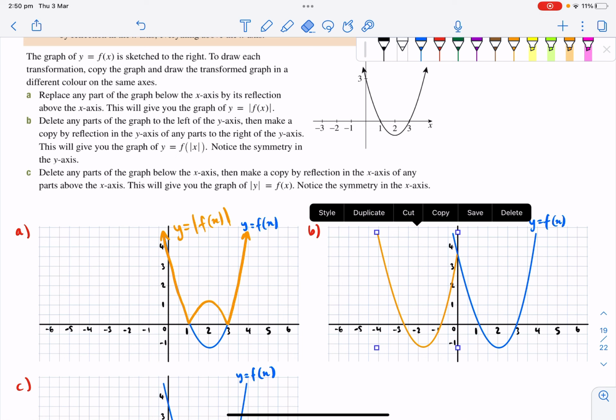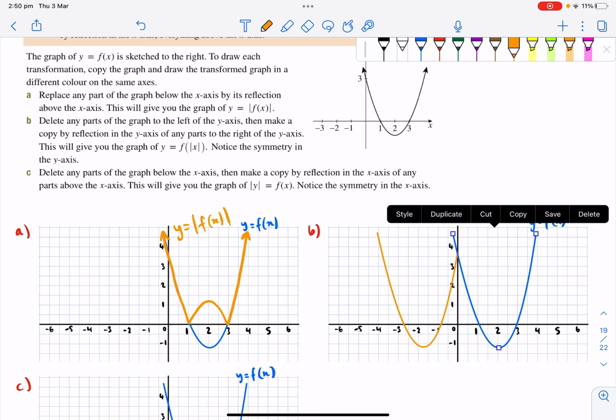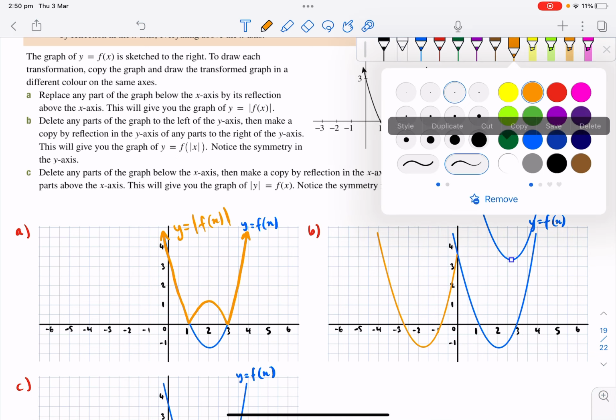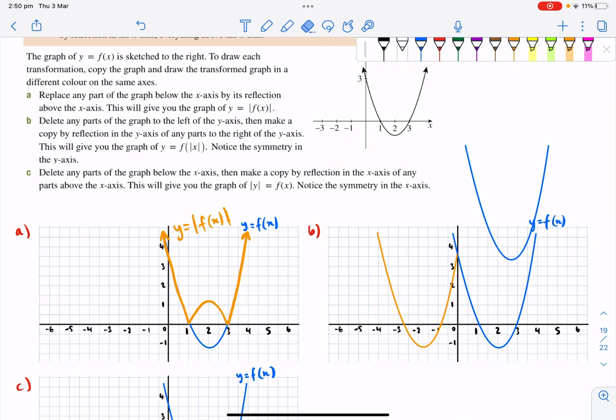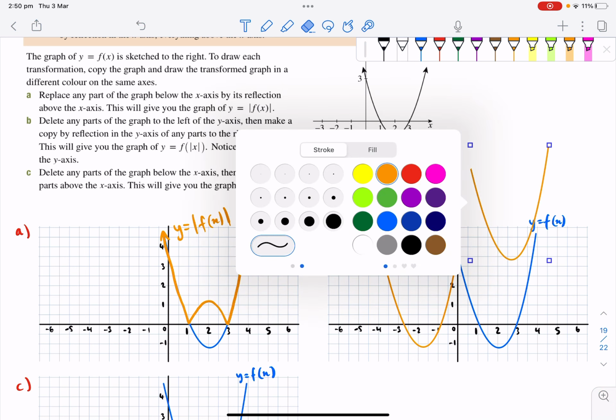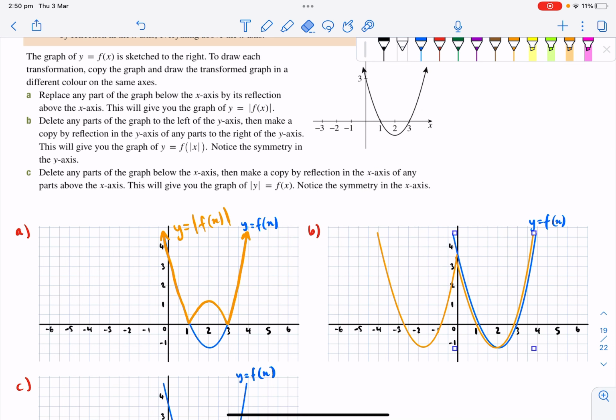My apologies, just trying to make it as accurate as possible. All right, there we go. So the orange graph is the replacement graph. So this here is y equals f of absolute value of x. Okay, so hopefully that made sense.